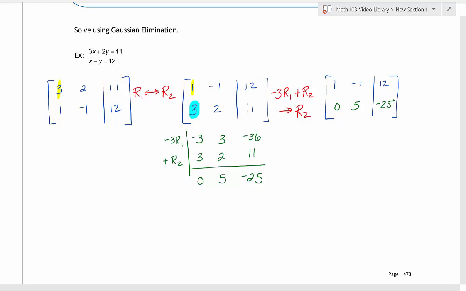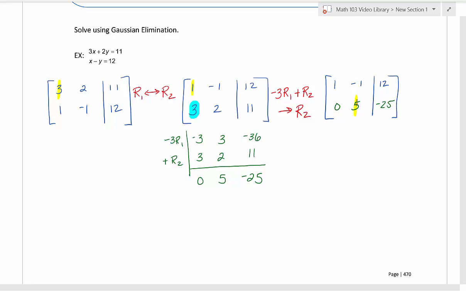Now it's time to move on and get our second leading one, which would be in the second row, second column, right here. So we need this 5 to turn into a 1. Our two options are to interchange two rows or multiply through by usually a fraction. Well, you don't ever want to interchange with the row above the one you're working in.